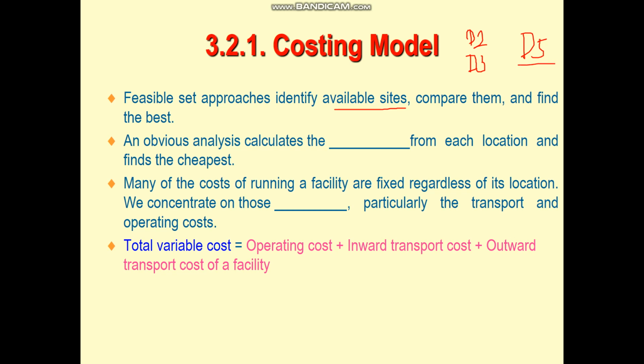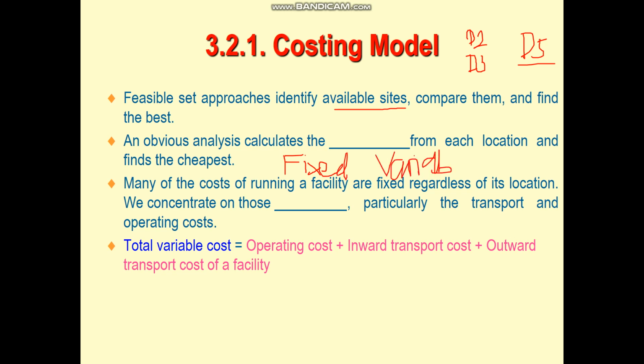For the costing model, we calculate the total cost for each location and then we find the cheapest. Do you still remember how many types of costs we have? We have two types of costs, right? Fixed cost and variable cost.